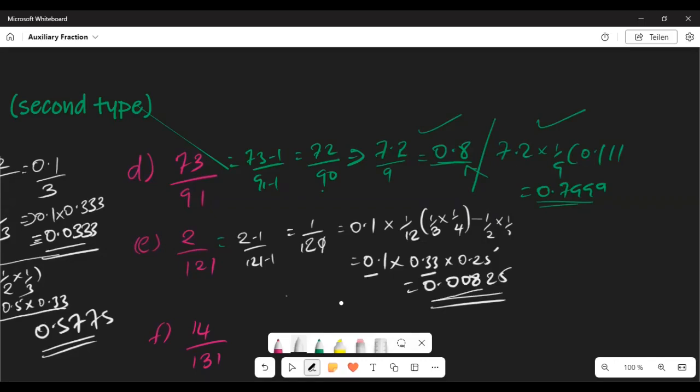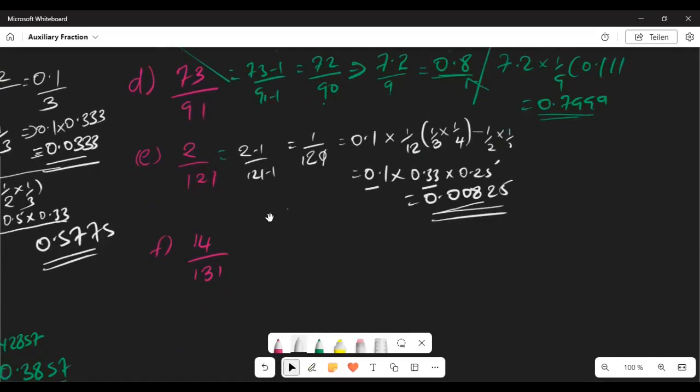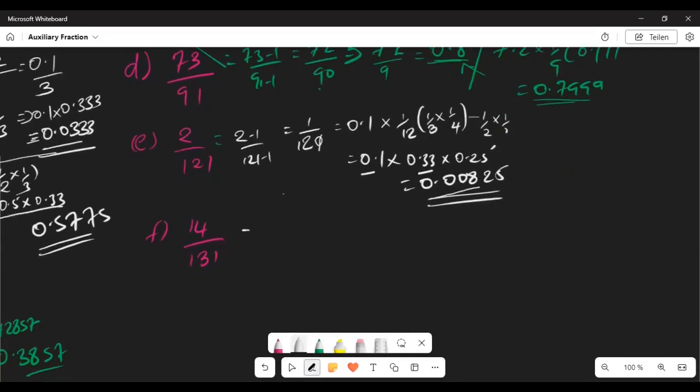Okay, let's try the last one, F, which is 14. We subtract 1 from both: 14 minus 1 and 131 minus 1. That gives us 13 over 130. In this case it's not difficult.